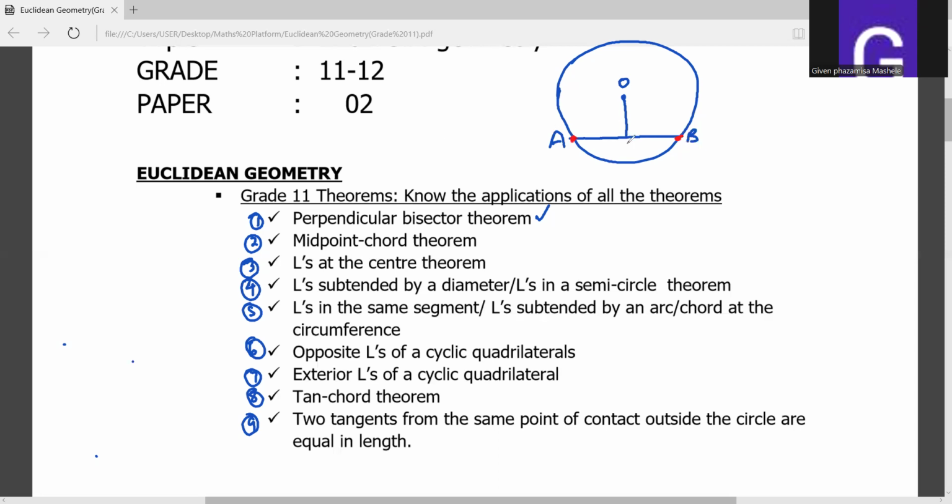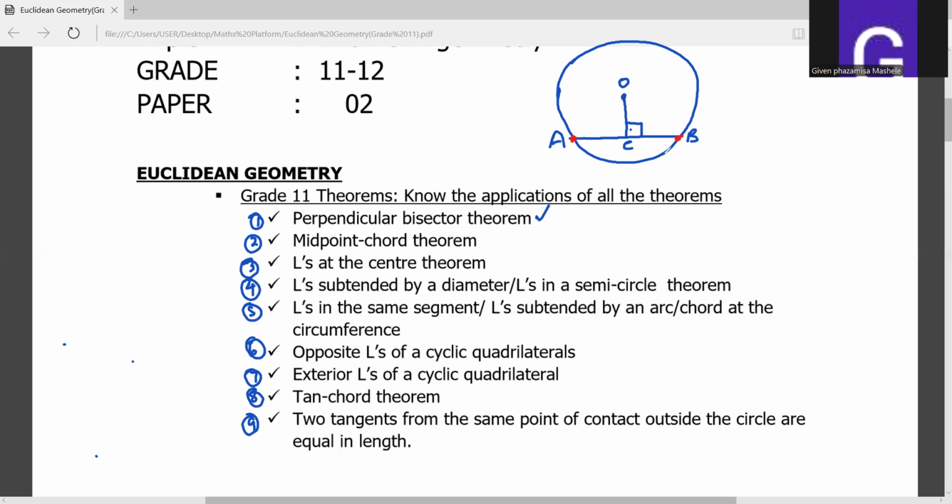Here we have a chord AB, and we have drawn a line from the center of the circle, perpendicular to the chord, which means where the line and the chord intersect, there is an angle of 90 degrees. If this is true, then the line bisects the chord.